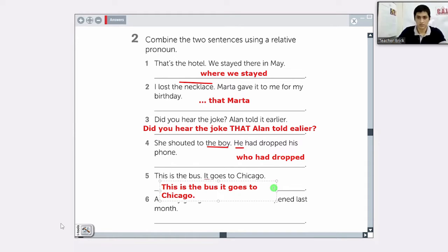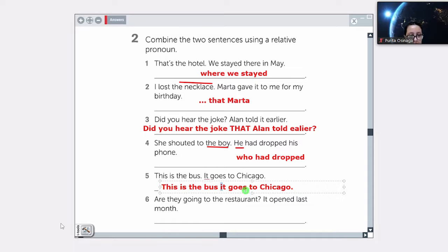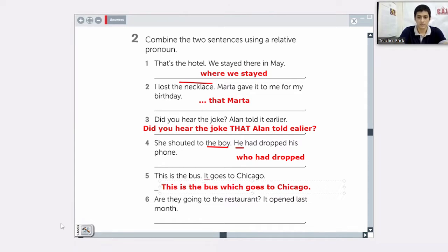Okay, so that goes to Chicago. Porque it se refiere a the bus, cosa, right? Entonces, para no repetir the bus or it, usamos that, or we can say which, okay? Cualquiera de las dos, that or which.